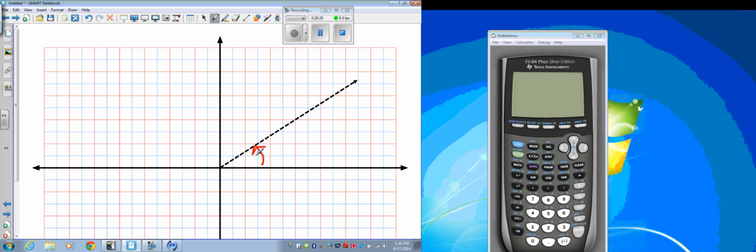Now, if that terminal side would have been over here, then he would have taken the angle that he had and subtracted it from 180, right? If that terminal side would have been down here, then he would have taken that angle and subtracted 180 from it and got the angle back here. Right, James?